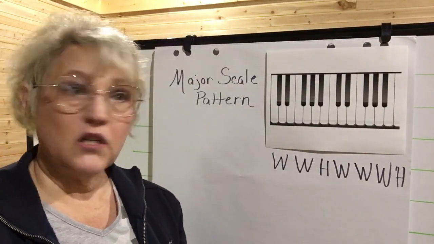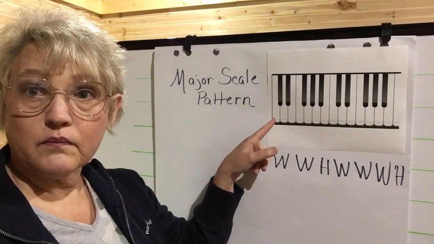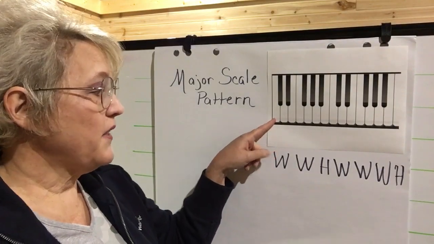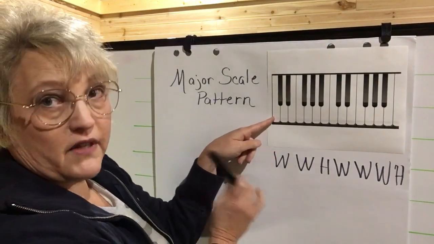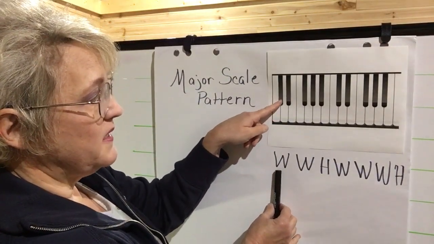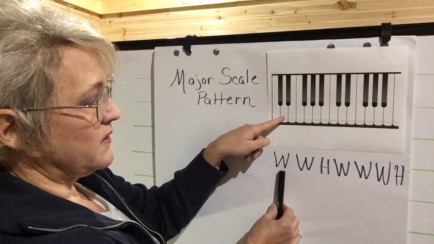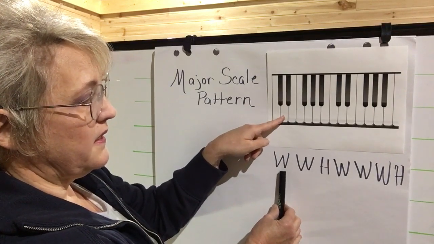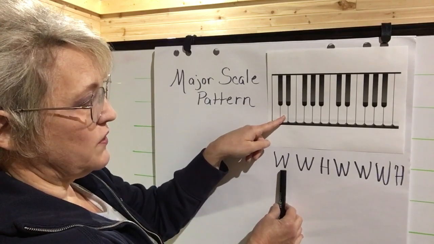So let's start with this C here and just track it. From C we go up a whole step, well, remember we have to skip the black note, and there's the D. So there's our first whole step.